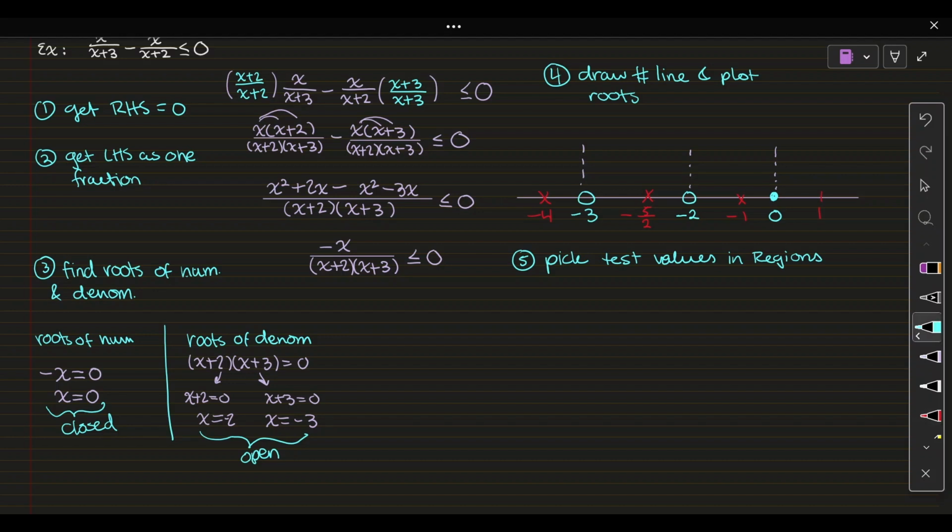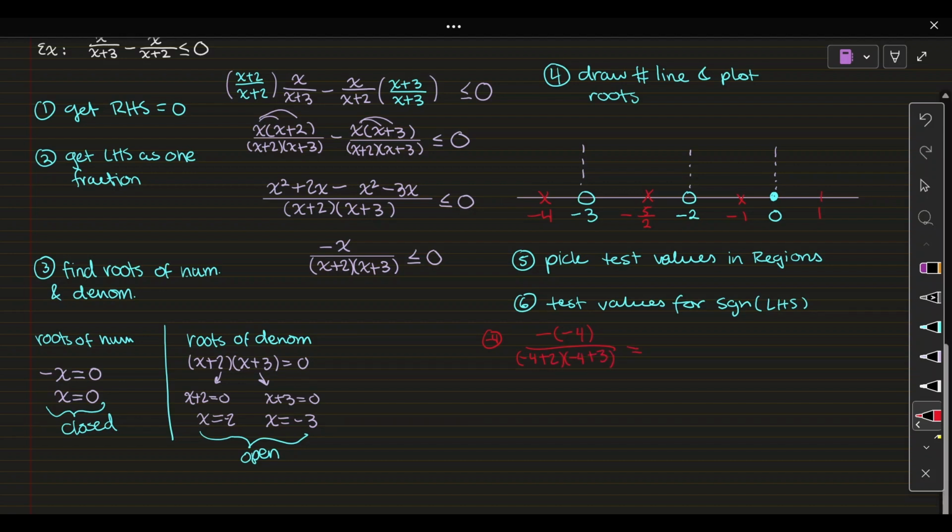So let's go ahead and do step 6. Let's plug in our test values and check the sign of the left-hand side. So testing negative 4, we have negative 4 over negative 4 plus 2 times negative 4 plus 3.